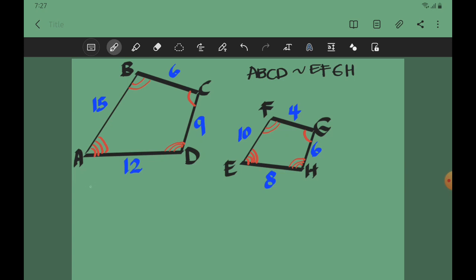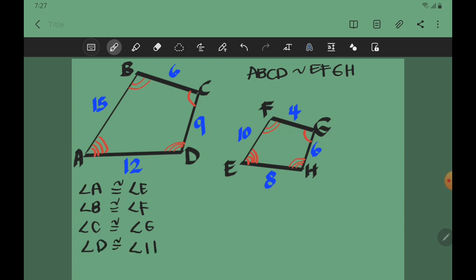So we have here angle A congruent to angle E. Kasi kita naman natin sa symbol, meron siyang 4 na line dun sa angle niya. So meaning they are corresponding. Also, we have here angle B congruent to angle F. Angle C congruent to angle G. And then the last one, we have angle D congruent to angle H.